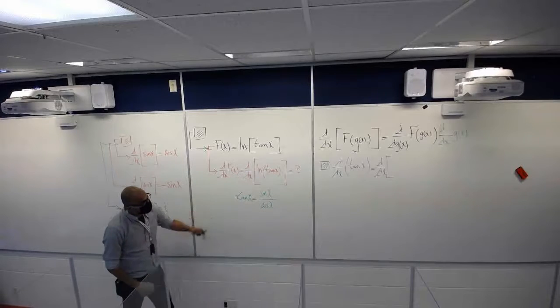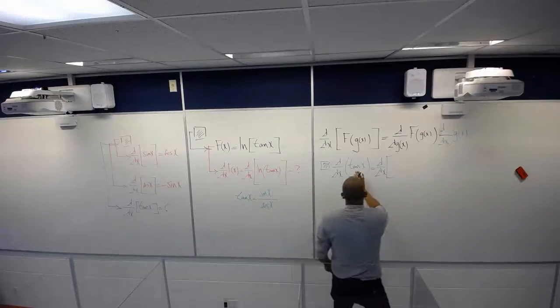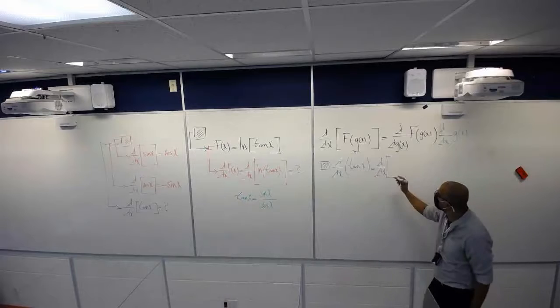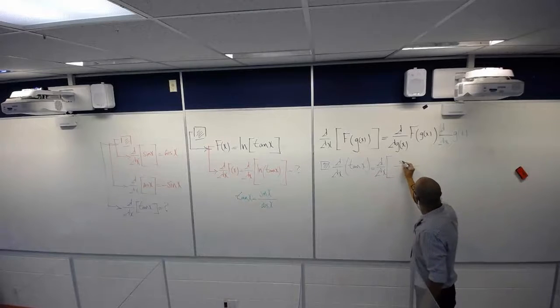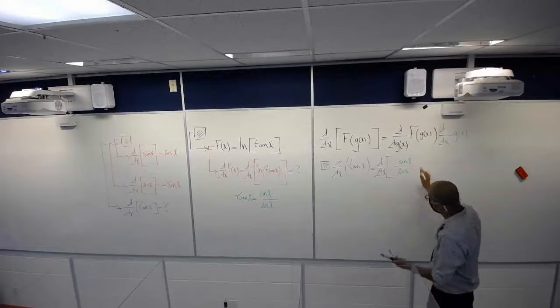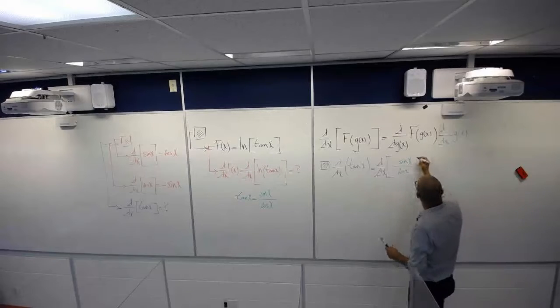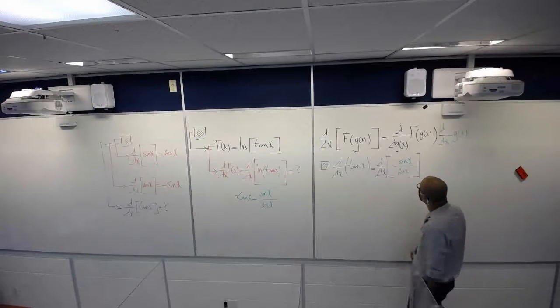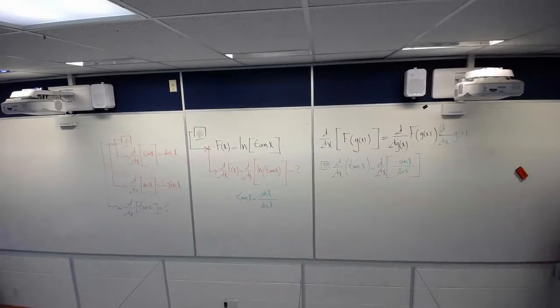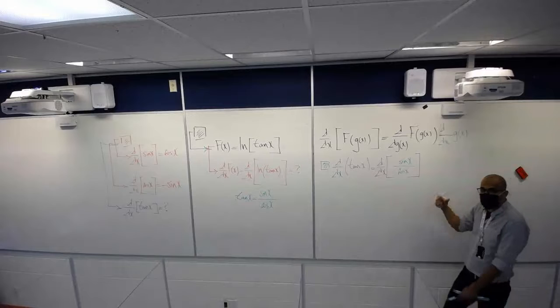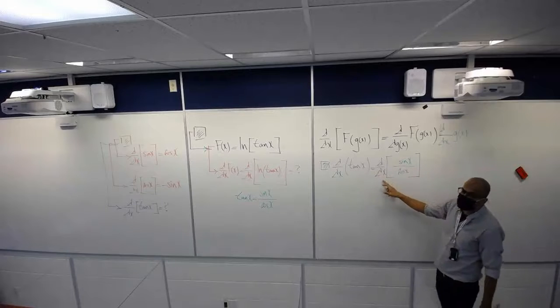Now, if that's going to be the case, I'm going to substitute for tangent of x, sine x over cosine x. Now, any questions so far? Everything's fine? Yes?